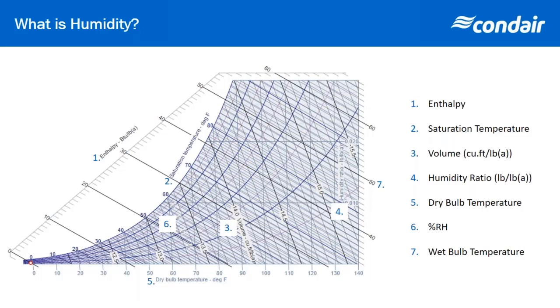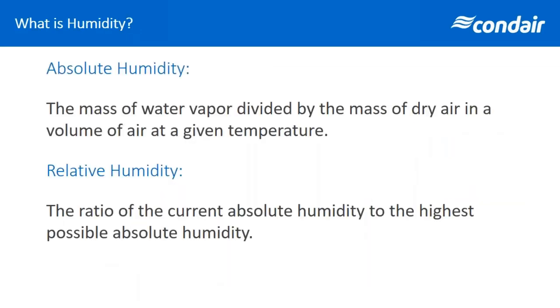The most important 7 I have listed here, from enthalpy, saturated temperature, volume of water per cubic foot per pound for air, the humidity ratio, so pound of moisture per pound of air, our dry bulb temperature, percent relative humidity, and the wet bulb temperature.